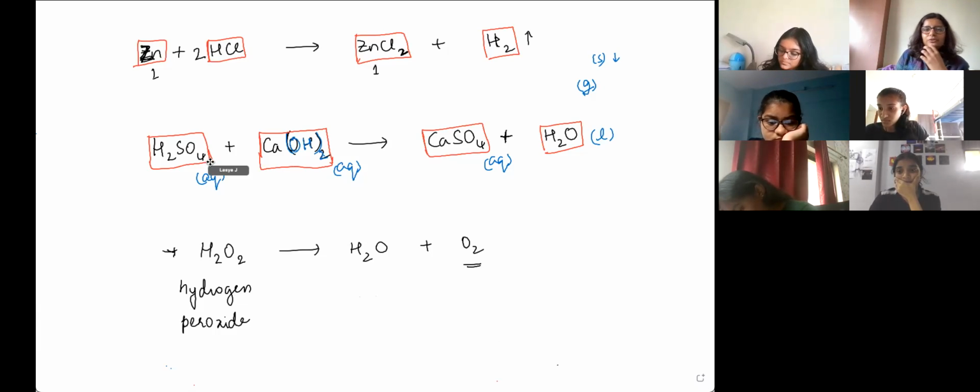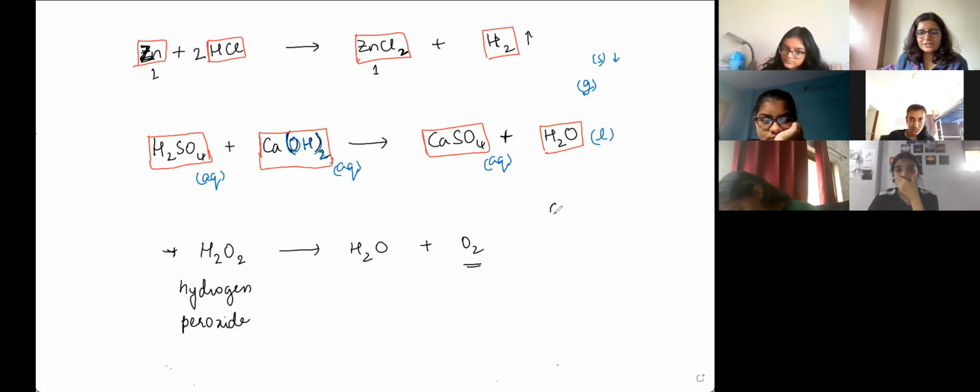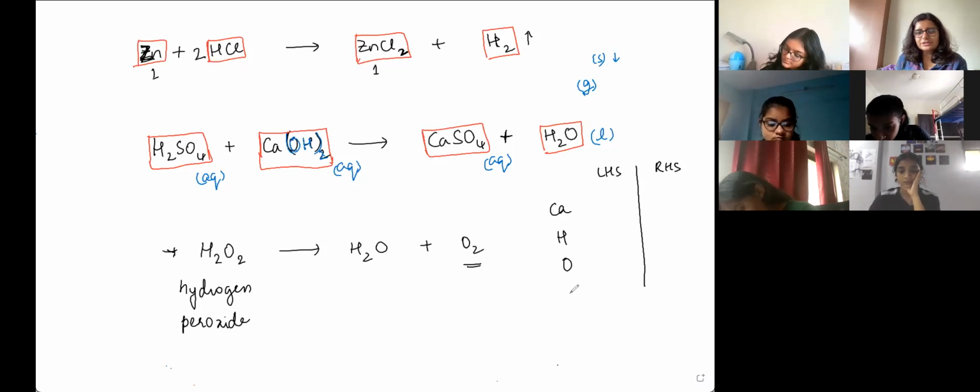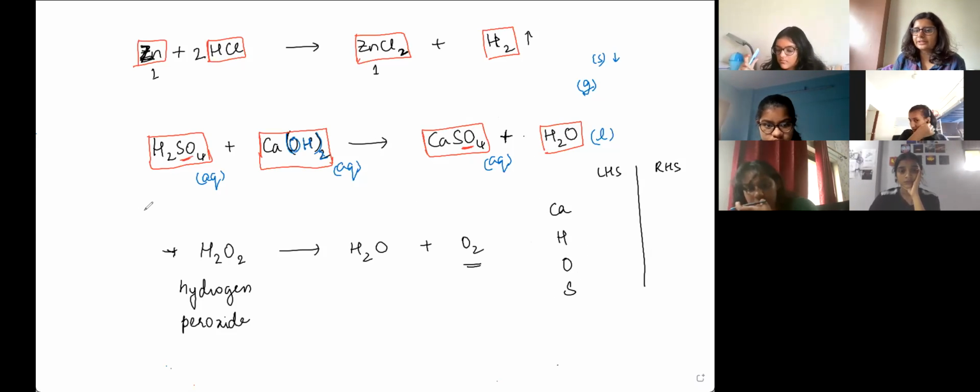Okay, so that's where it's confusing, right? Start off with just listing out the number of each element, LHS and RHS. So we have calcium, hydrogen, oxygen, sulfur. And one thing you can see is that in this reaction, on both LHS and RHS, sulfate is coming as a unit, right?